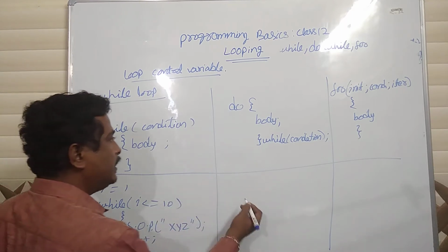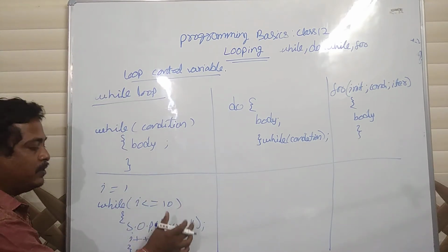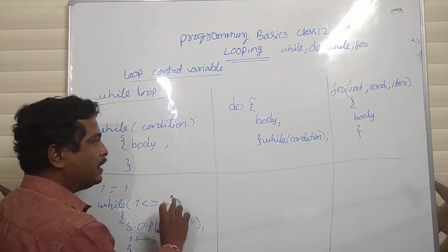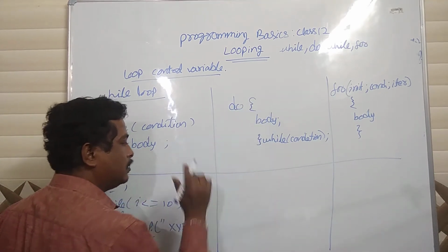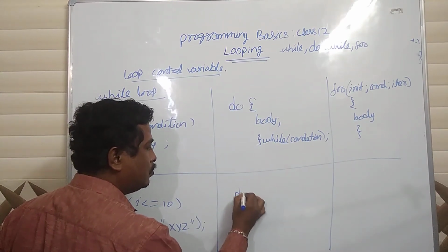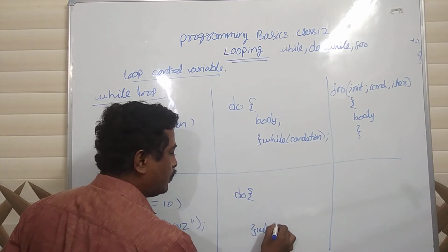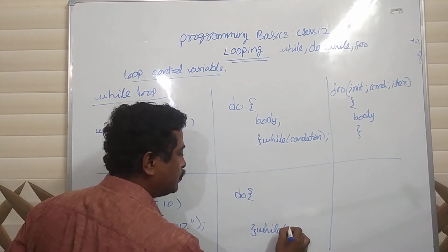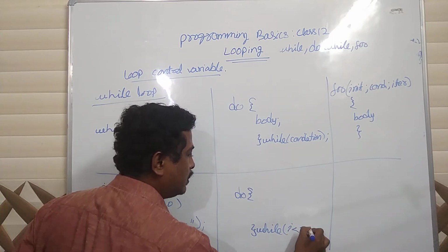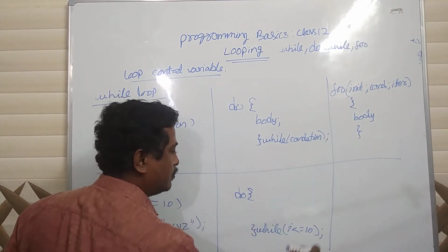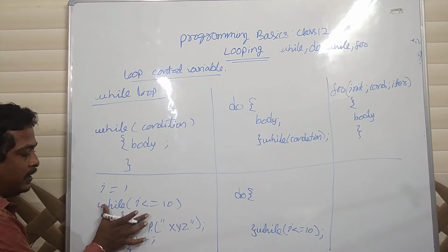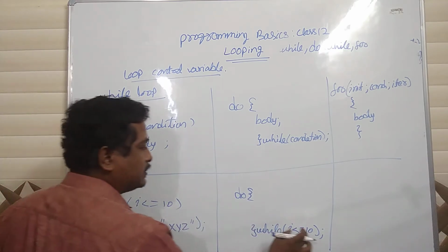Okay, here same thing will be there, but it will put according to the syntax of do while. That means do opening curly bracket, closing curly bracket, while condition will be here, while I less than equal to 10 condition semicolon. So here while is at the beginning, here while is at the end.